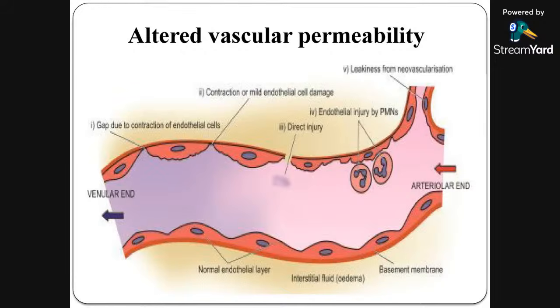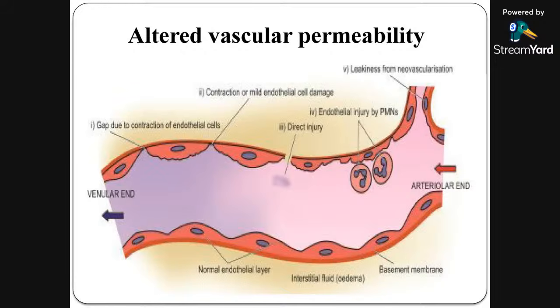Third, direct injury to endothelial cells. Direct injury to endothelial cells causes cell necrosis and appearance of physical gaps at the site of detached endothelial cells. This change affects venules, capillaries, and arterioles. Fourth, endothelial injury by polymorphonuclear neutrophils.